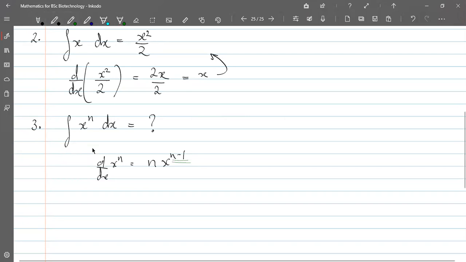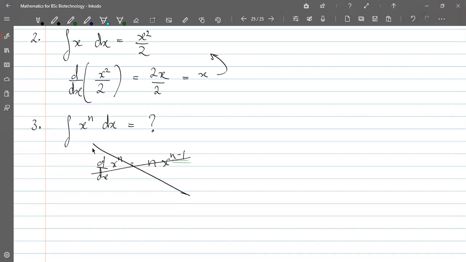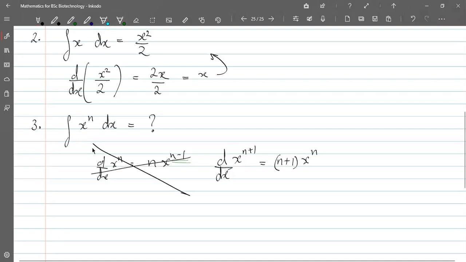So if I need to get n here, I should start with n plus 1 here, right? So discard this and consider d/dx of x to the n plus 1, which is n plus 1 x to the n. So now that much is matching. X power n is here.